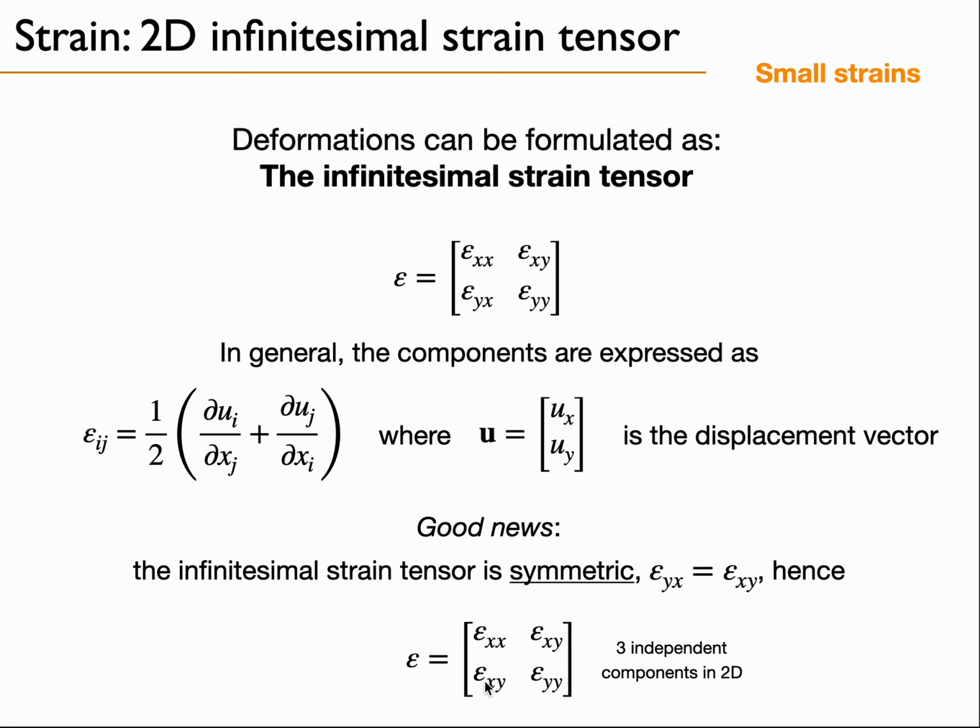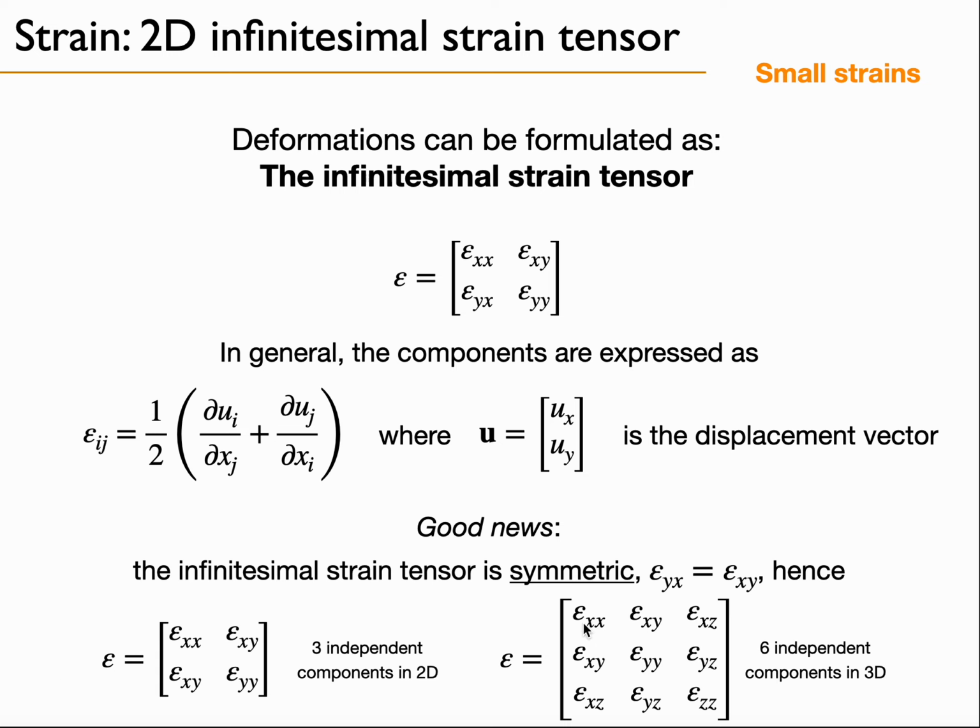The matrix here representing this tensor is symmetric. So in 2 dimensions, you have 3 independent components. If you move to the 3-dimensional case, you will have 6 independent components. So you have 9 entries, but symmetry applies. All these terms are equal to all these terms.